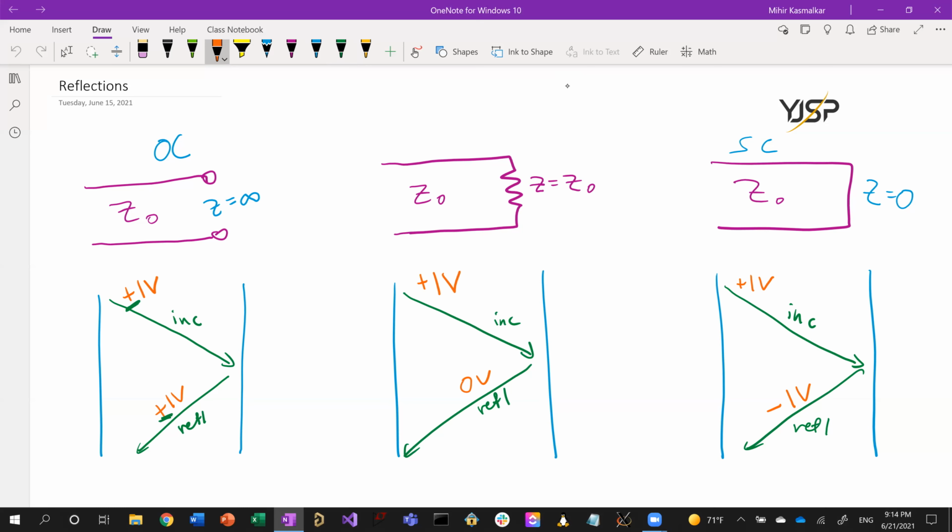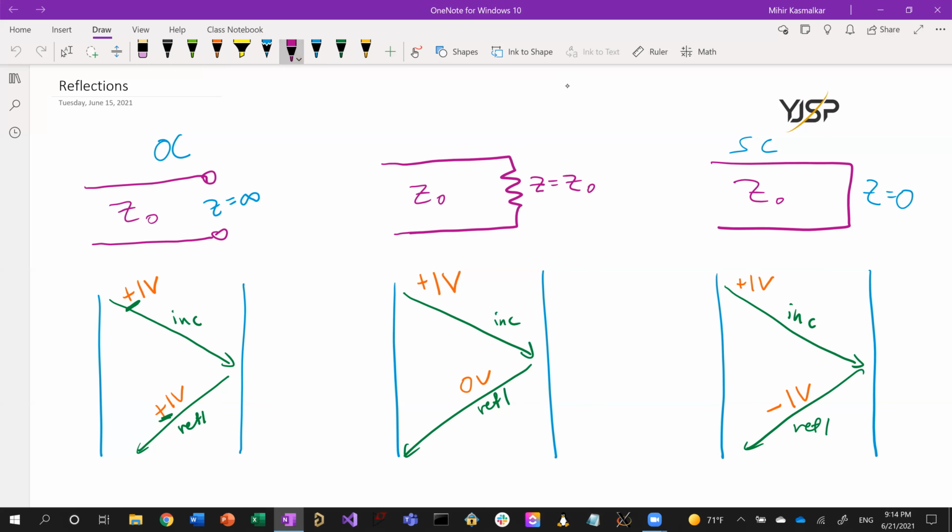By the way, this diagram that I've been drawing is referred to as a bounce diagram, and it just shows the incident waves and the reflections. It's the way that you can calculate at any point in time what the voltage is on the line at any horizontal position.